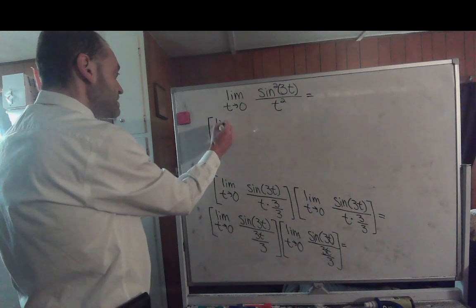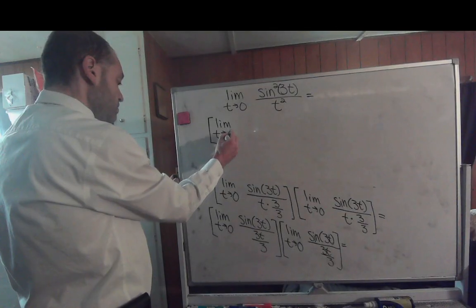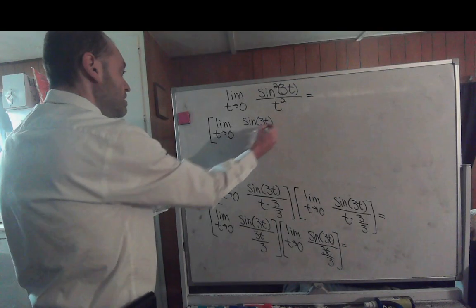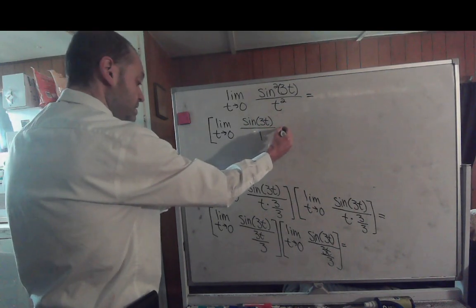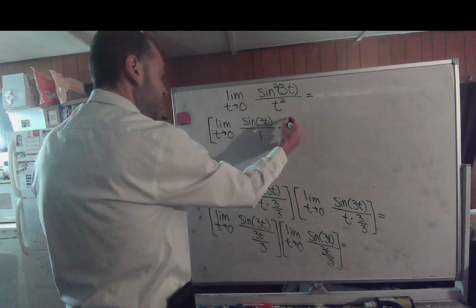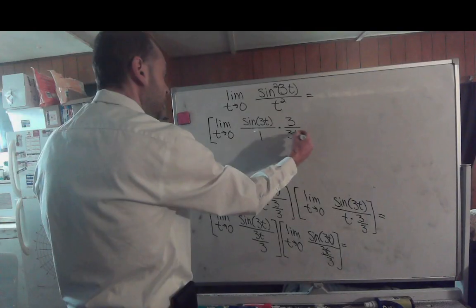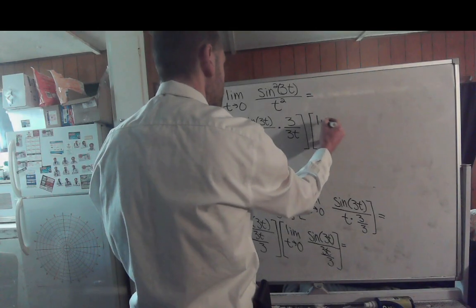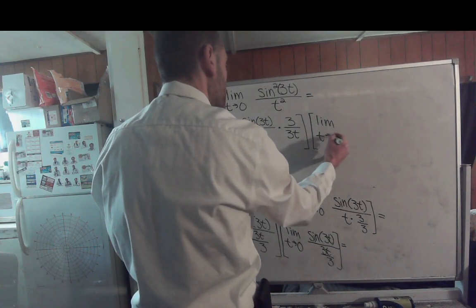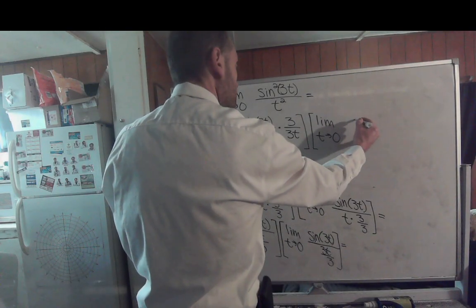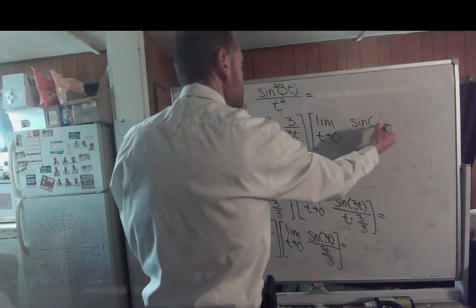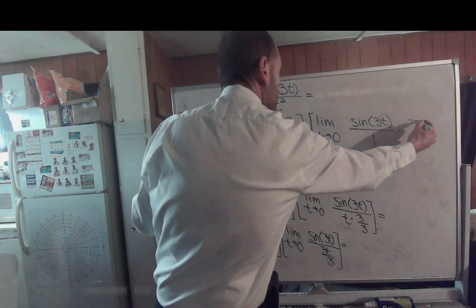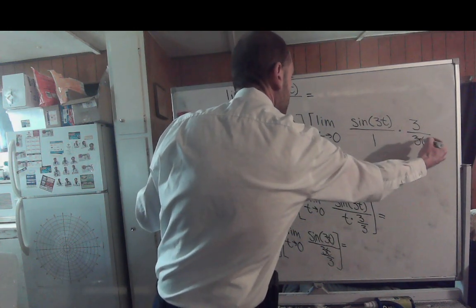This would be the limit as t approaches 0 of the sine of 3t all over 1 times 3 over 3t. And yes, we're going to do the exact same thing to the other set of this limit. The limit as t approaches 0 of the sine of 3t all over 1 times 3 over 3t.